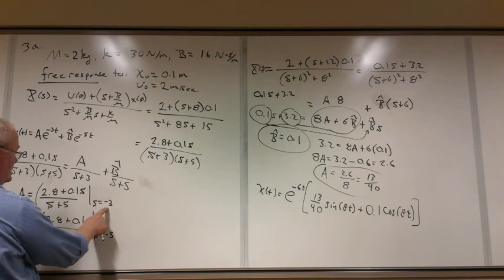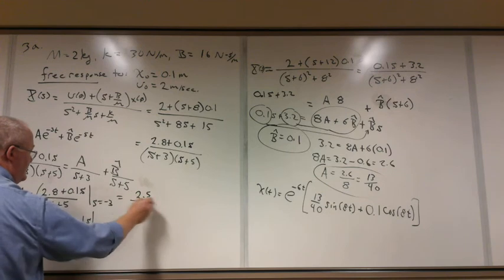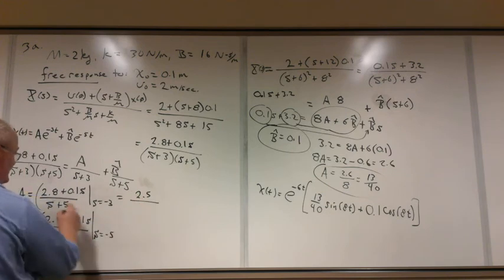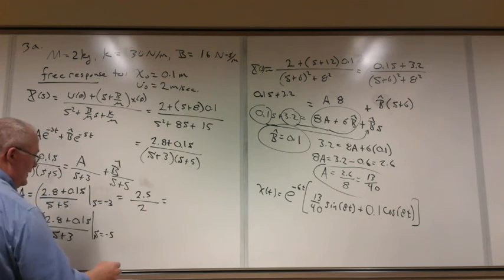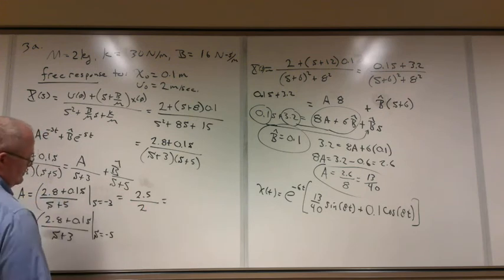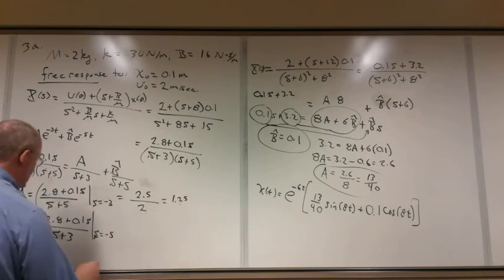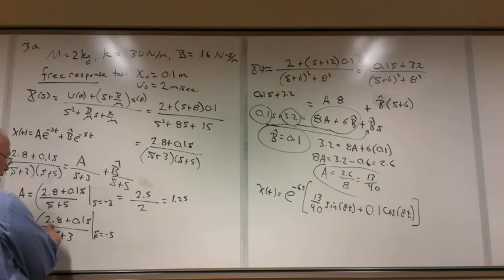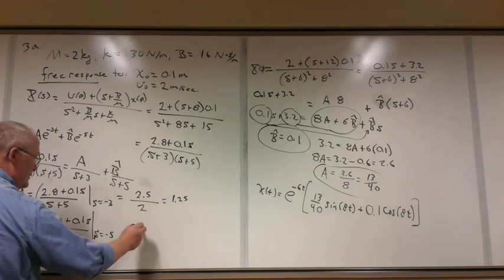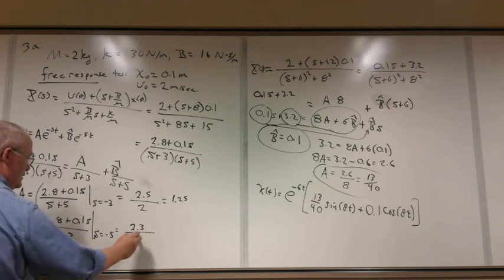But 0.1 times negative 3 is going to be negative 0.3. So, this is going to be equal to 2.5 divided by minus 3 plus 5, which is 2, equal to 5 fourths, otherwise known as 1.25, and b is going to be equal to 0.1 times negative 5, which gives us negative 0.5. We add that to 2.8, we'll end up with 2.3 over minus 5 plus 3, which gives us minus 2.